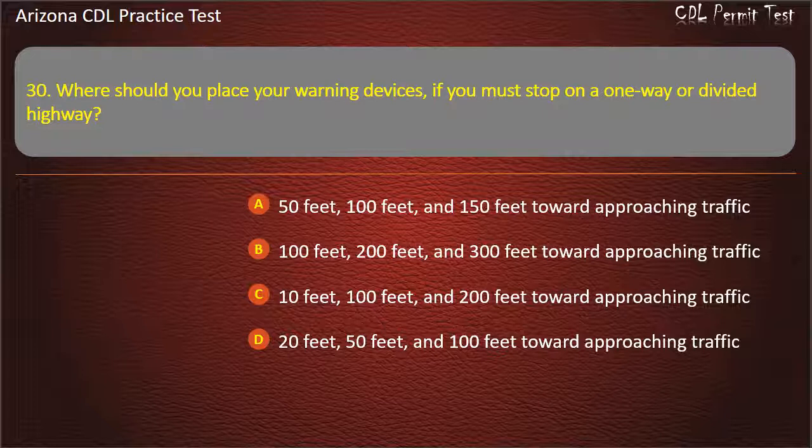Answer. 10 feet, 100 feet, and 200 feet toward approaching traffic.